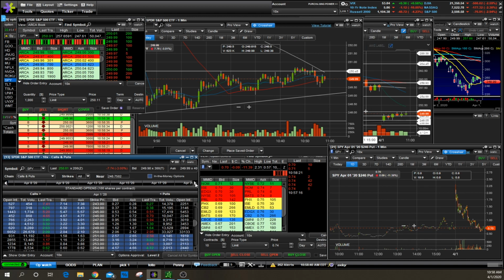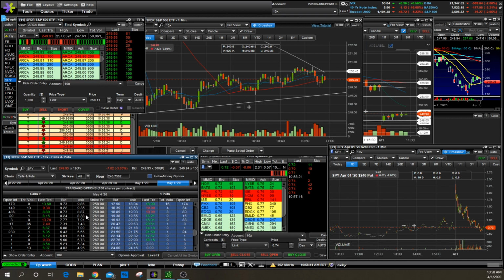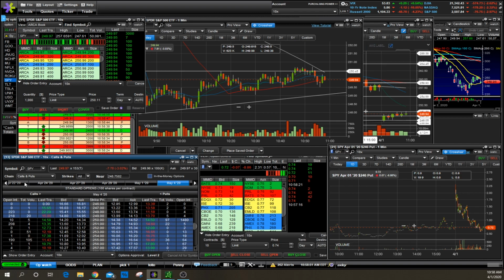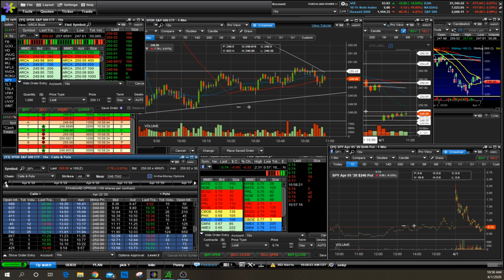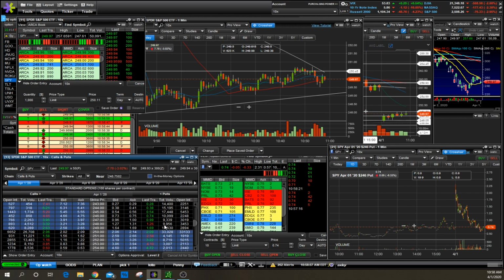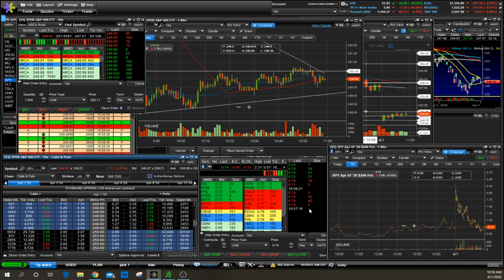The more out in time you go, though, the more protected you are because you have time on your side for these contracts, but they do get more expensive unless you go really far out of the money. Different strategies for everybody. Now, if you're trading April 1st, the risk is going to be phenomenal, but the reward could also be, if you have the volatility.